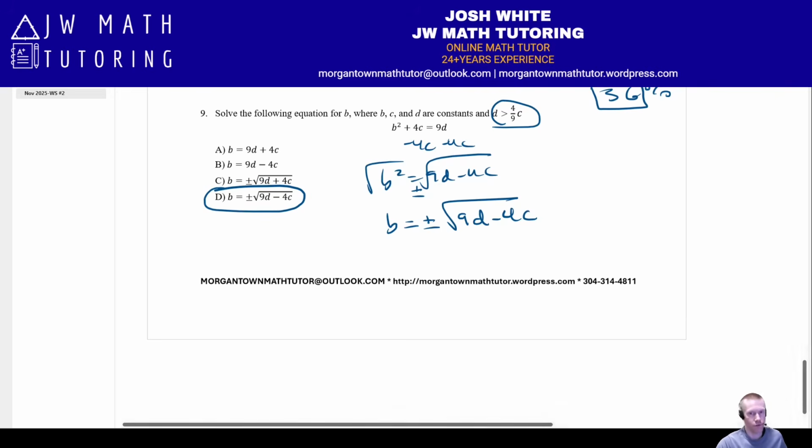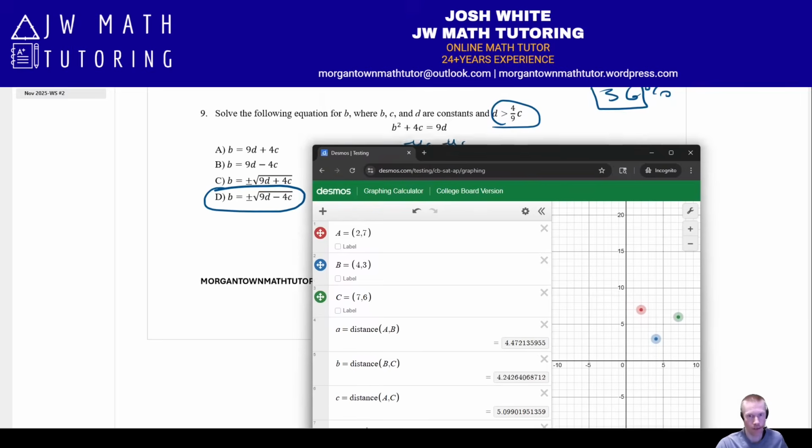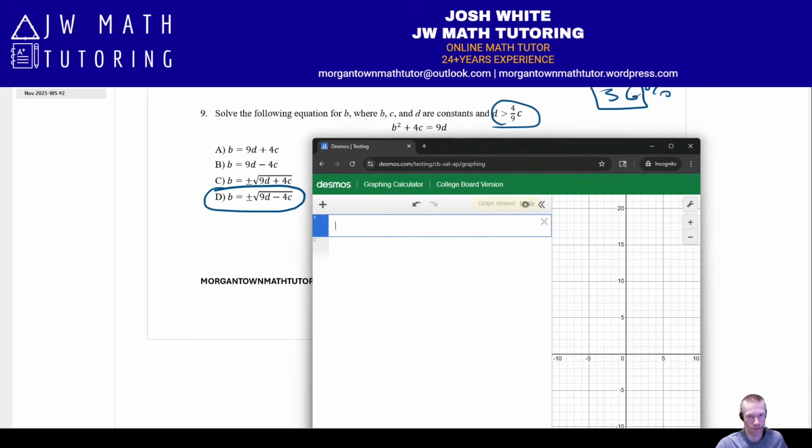Now, you could also do this in Desmos. Don't know that it's necessarily any quicker, but let's take a look at it just to review solving formulas. So we type the original equation in, but we do use regression. And it'll give me values for B, C, and D here.